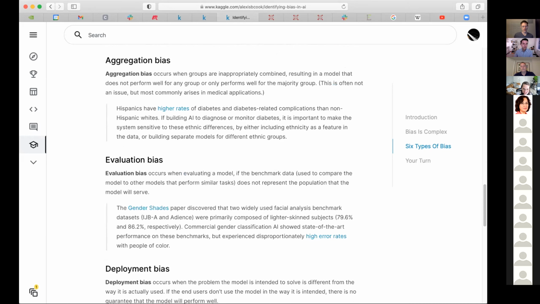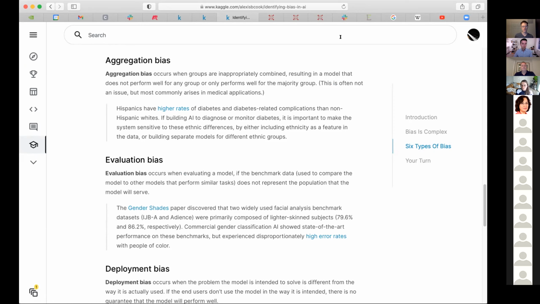Our fourth example is aggregation bias. So this is one that you can get when groups are inappropriately combined, resulting in a model that doesn't work well for either group, or maybe it only works well for a group where you do have a lot of people. The example shown here is that we have a group with higher rates of diabetes, Hispanic Americans having higher rates of diabetes and diabetes-related complications than non-Hispanic whites.